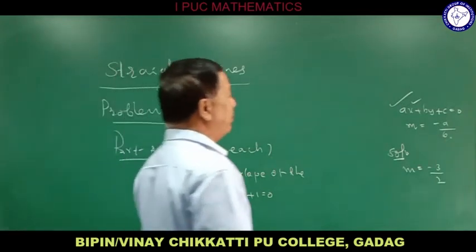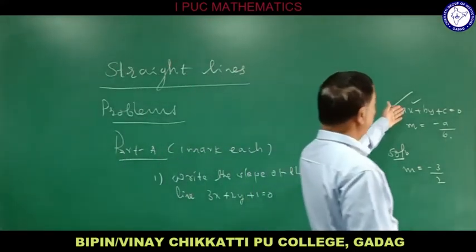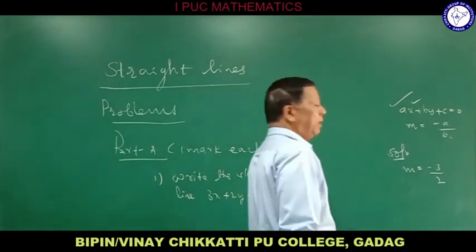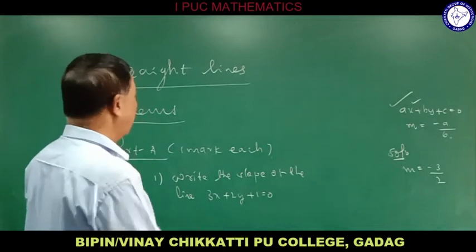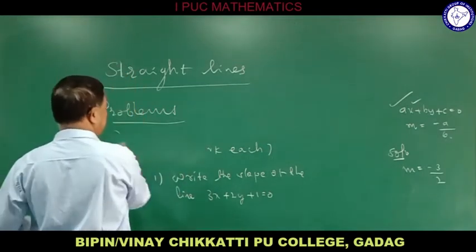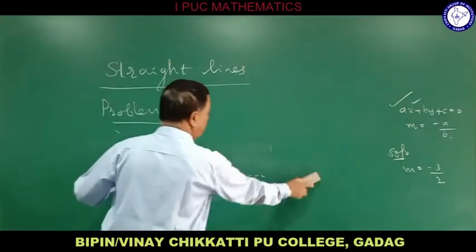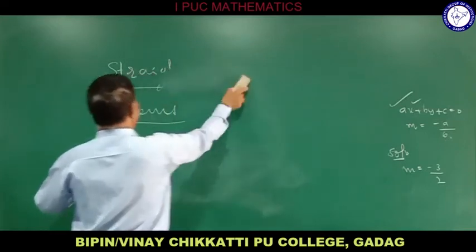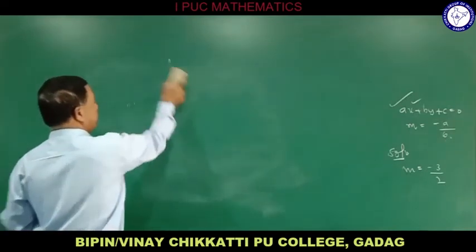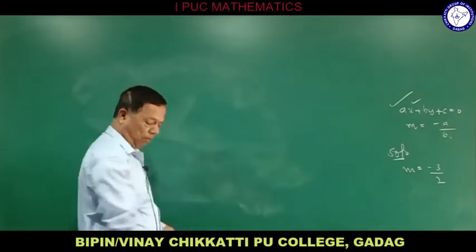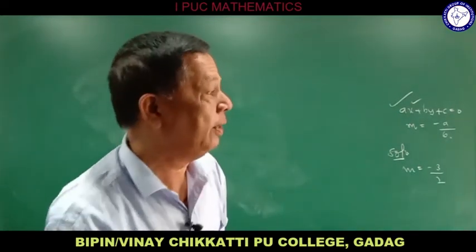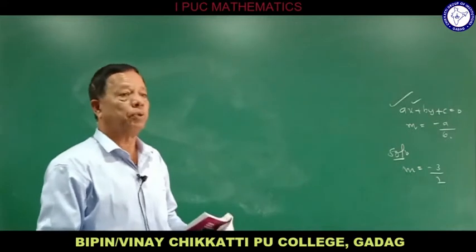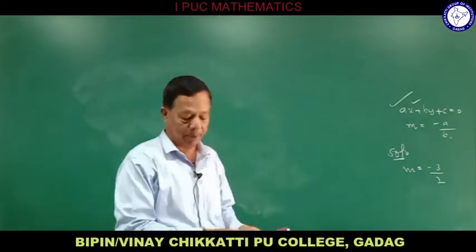Which formula have we used? In general, m is equal to minus a by b, minus coefficient of x divided by coefficient of y. Accordingly, you can write the slope m is equal to minus 3 by 2. So this is the slope. I don't want to take similar problems here; however, you can see many problems in the question papers.